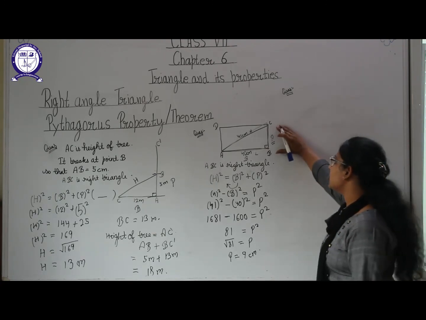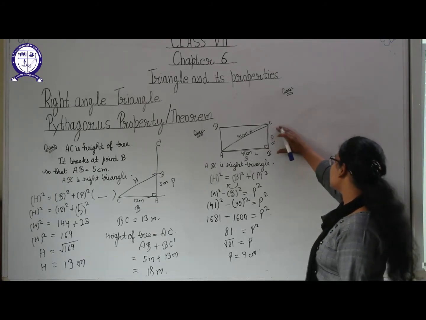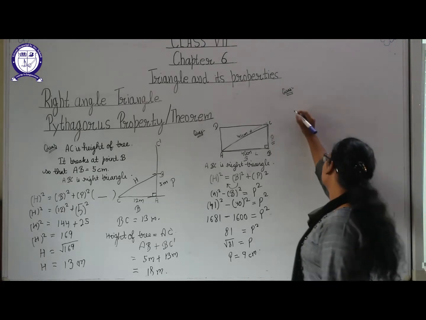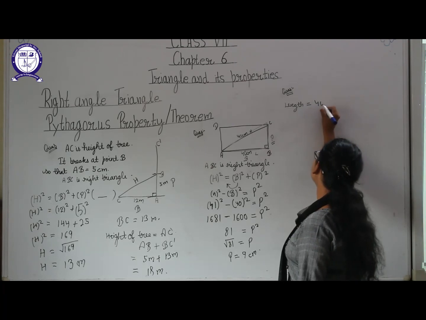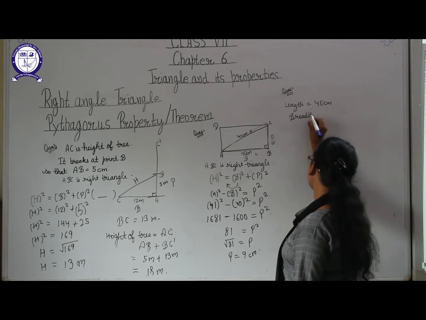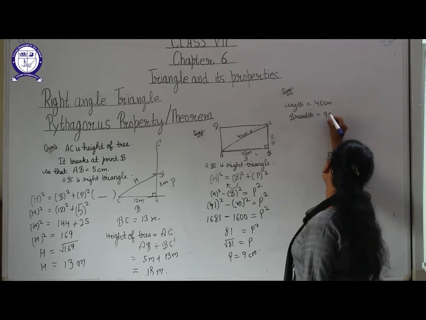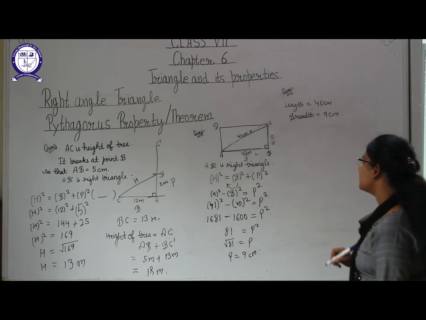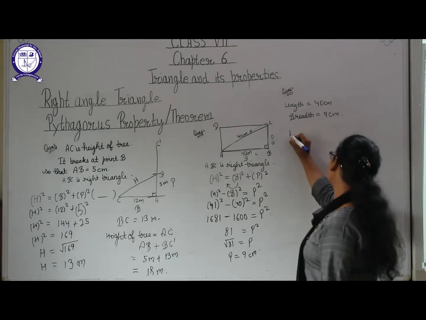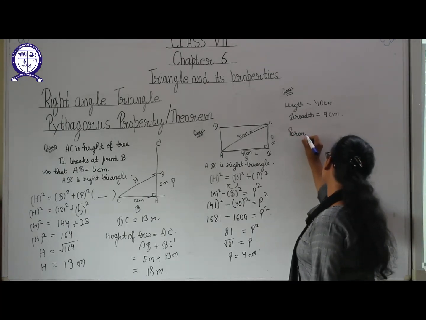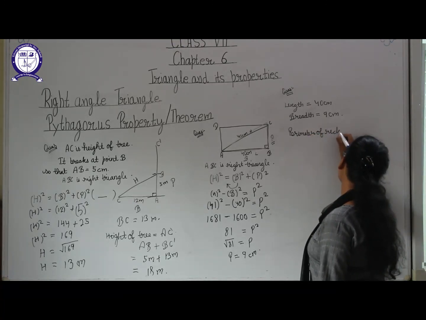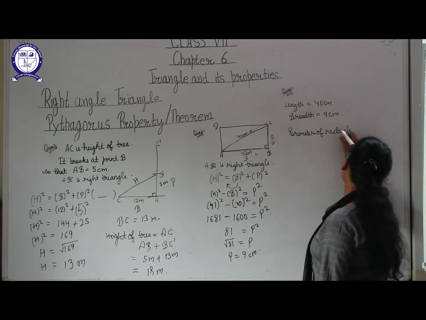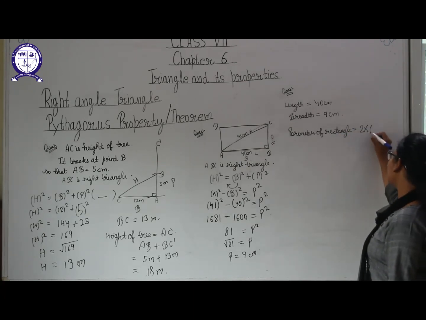And in the case of the rectangle, it is the breadth of the rectangle. So length was given to us as 40 centimeter, and here breadth comes out to be 9 centimeter, and we need to find the perimeter of the rectangle. So here perimeter of rectangle is 2 into length plus breadth.